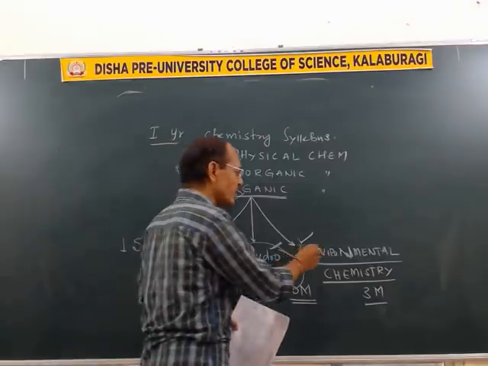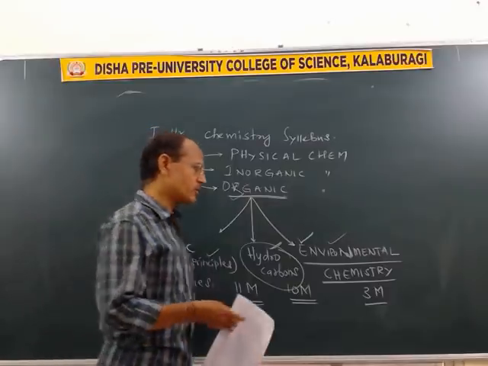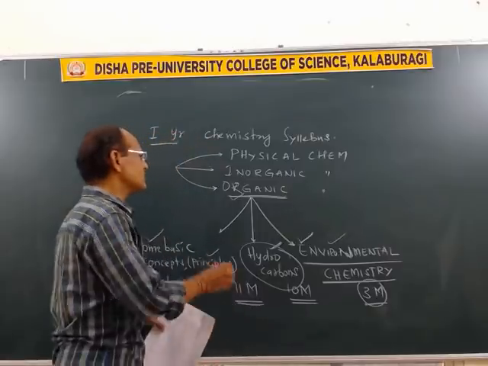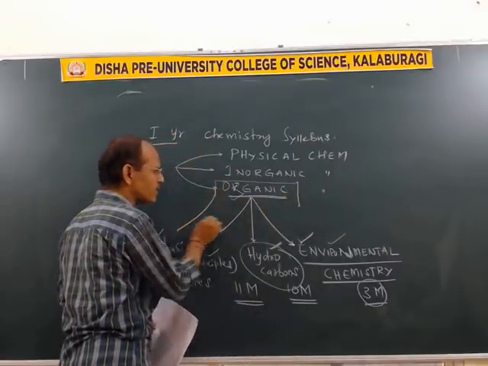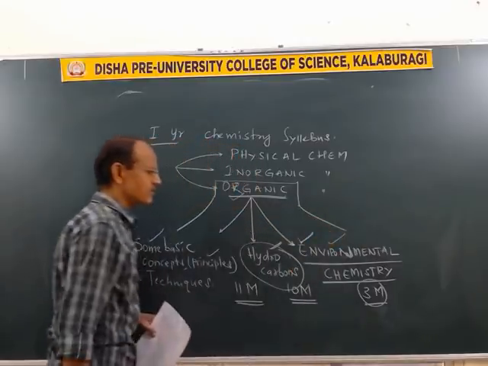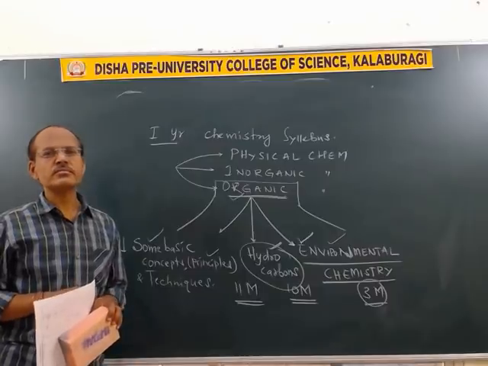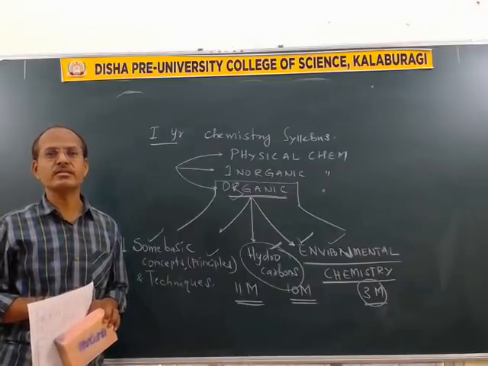And the last one is environmental chemistry, that is about 3 marks. So this is the total organic chemistry prescribed for this year. Okay. Now comes inorganic chemistry.